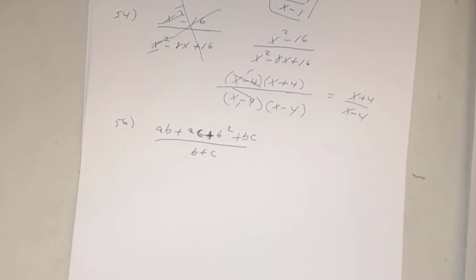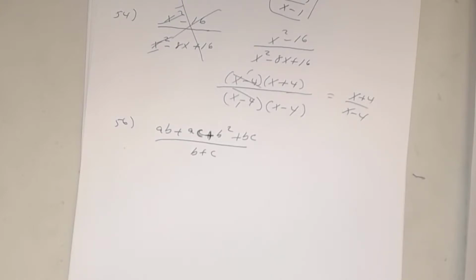What do you notice about the numerator? How are you going to factor that? The GCF is 1, so what are you going to do next? Oh, you're going to group. Grouping.